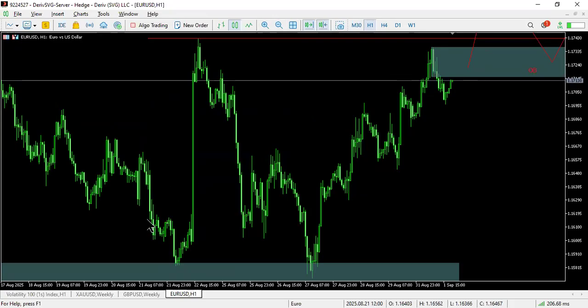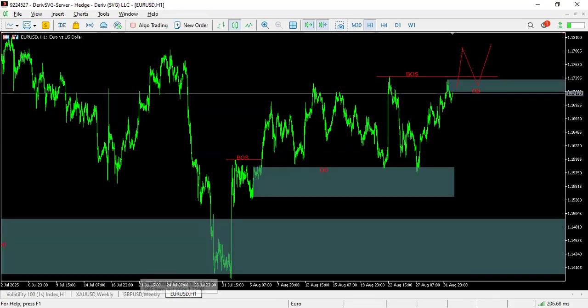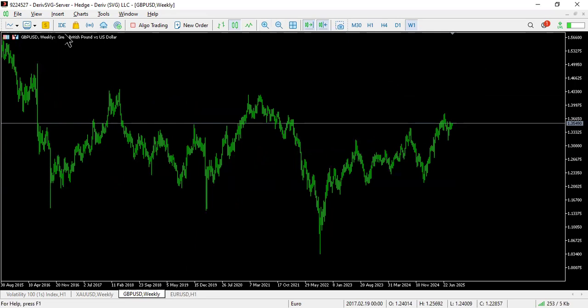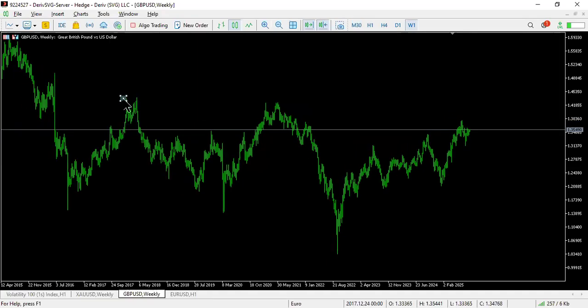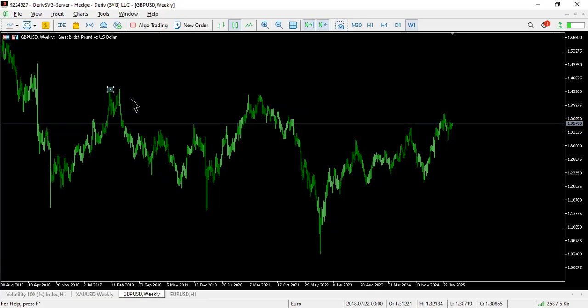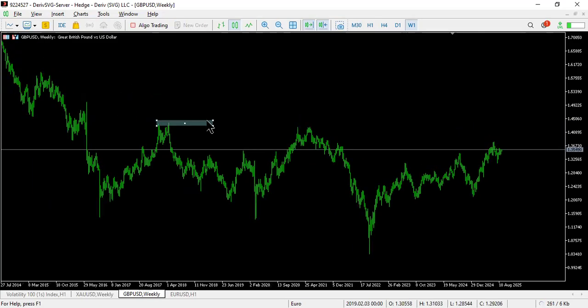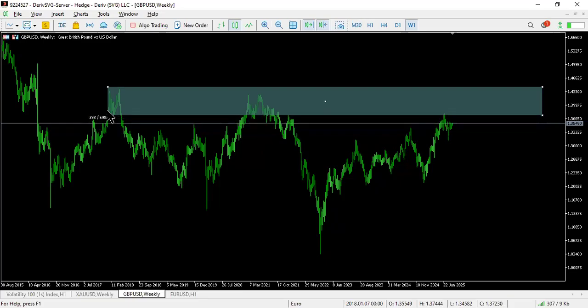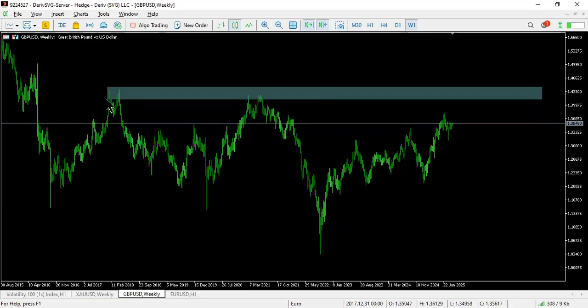And then let us analyze GBP USD, and as always start our analysis on the weekly time frame by marking our supply and demand zones. We start by marking the supply and demand zones.